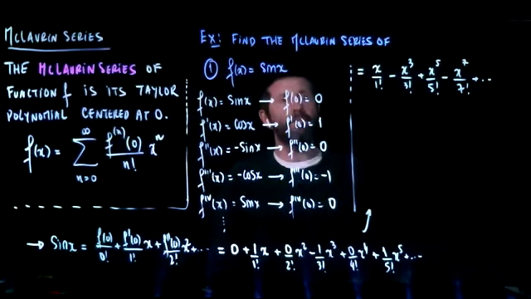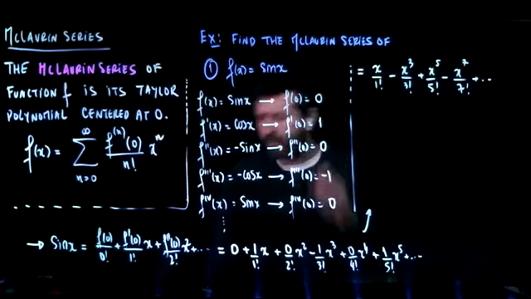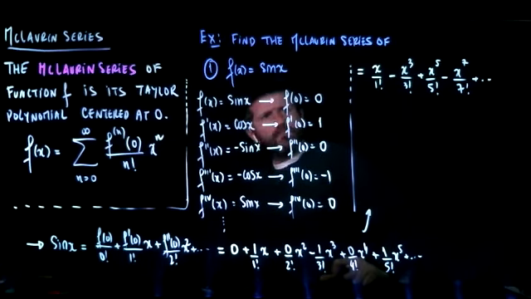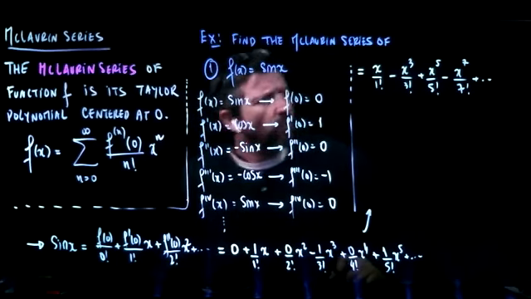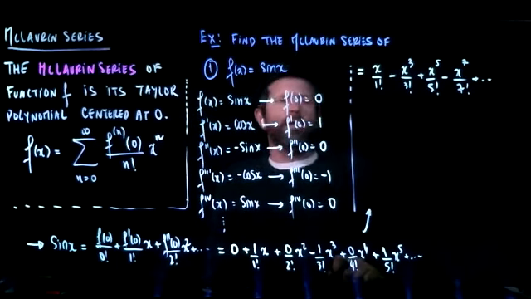Sir, is the answer to this 0? Why would it be 0? Because if you look at the first 4, from f of 0 to f of 3, it adds up to 0 plus 1 plus 0 plus minus 1 equals 0. And since that pattern is going to be repeating always, because whenever you derive it. I didn't understand what you said.